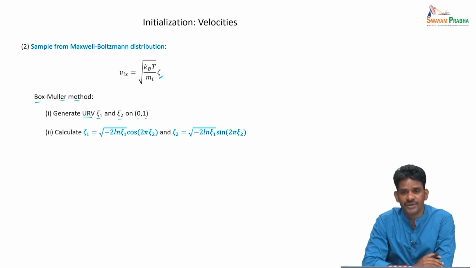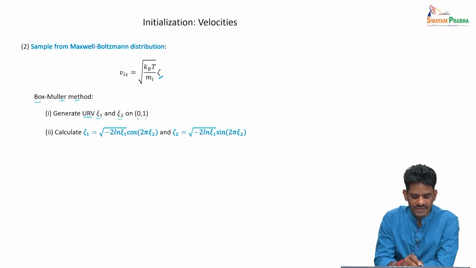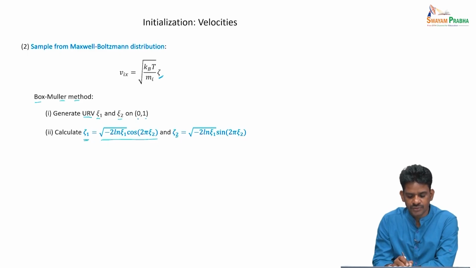Once we have eta 1 and eta 2, we can calculate the unit normal random variate psi 1 using this mathematical operation, that is square root of minus 2 ln eta 1 times cos of 2 pi eta 2. Similarly, we use eta 1 and eta 2 to calculate psi 2. So, for every set of random variates eta 1 and eta 2, we are able to get 2 unit normal random variates.